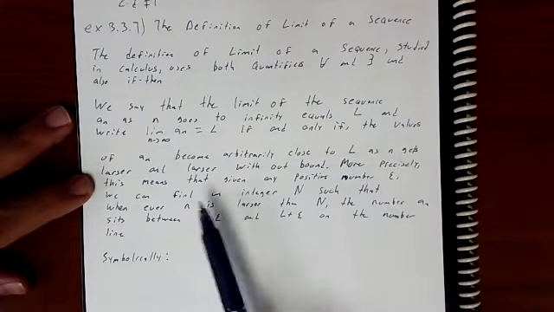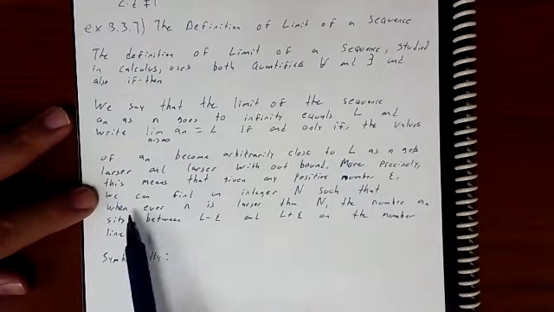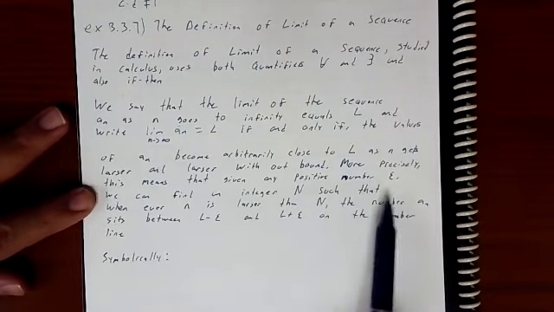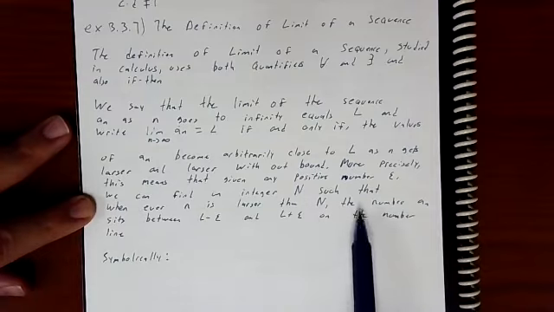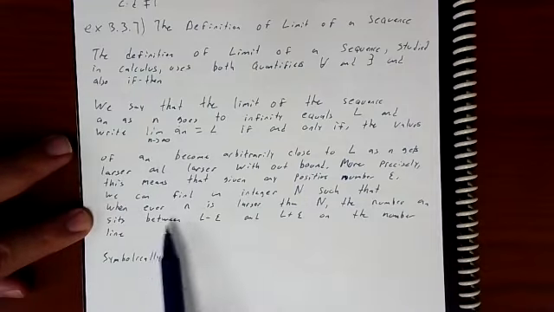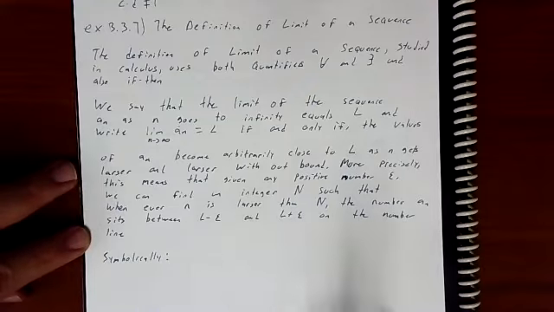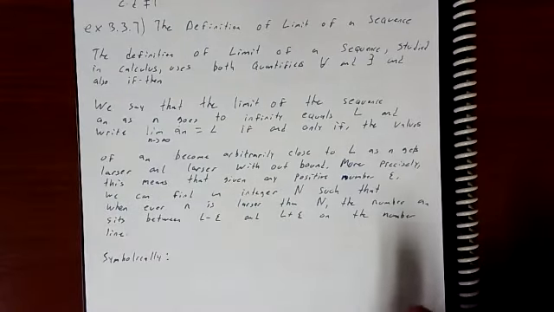More precisely, this means that given any positive number epsilon, we can find an integer N such that whenever lowercase n is larger than N, the number a sub n sits between L minus epsilon and L plus epsilon on the number line. Okay, so there's a lot going on here.